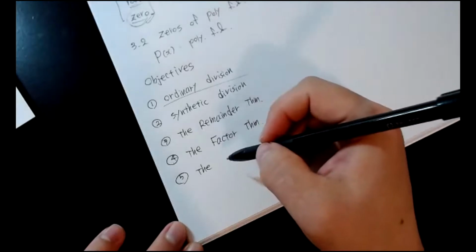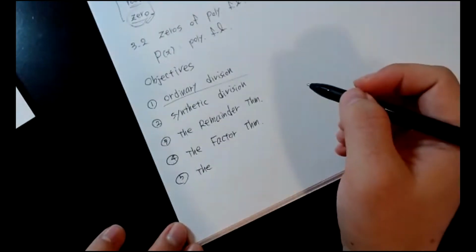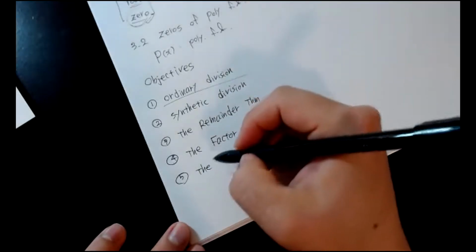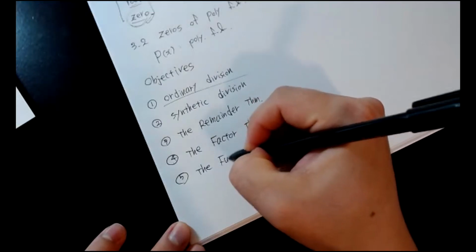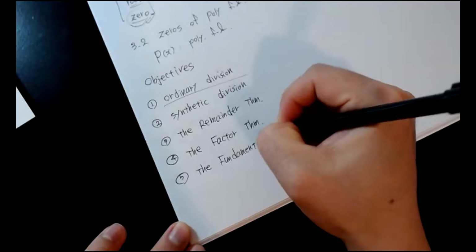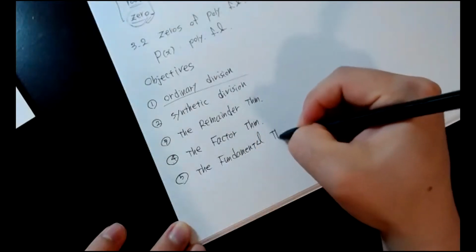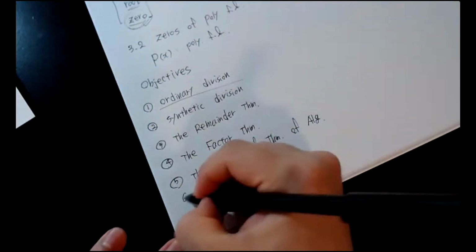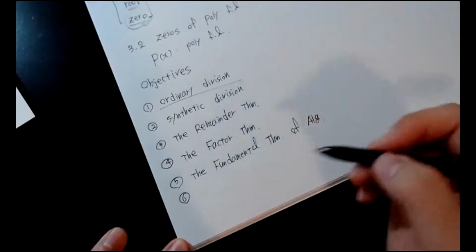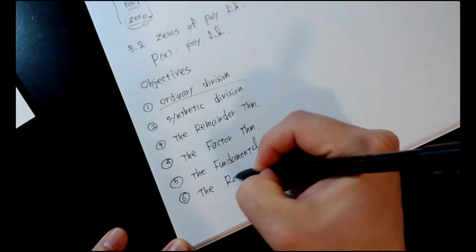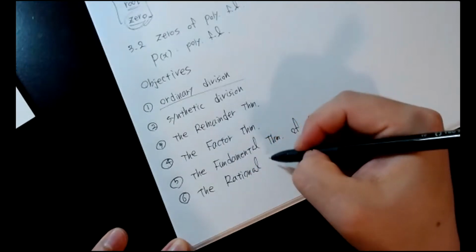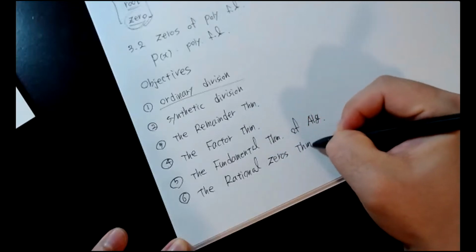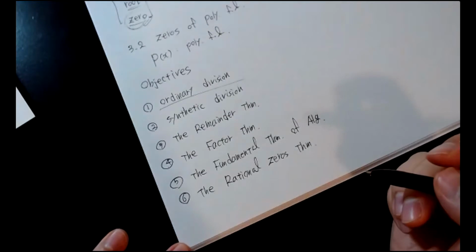It's a really big, important theorem in algebra, but we'll just introduce it. And the last one is the rational zero theorem.